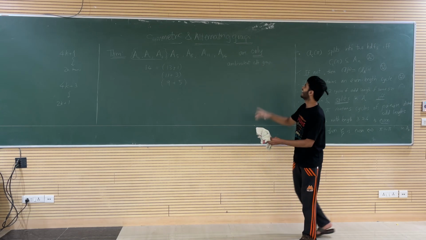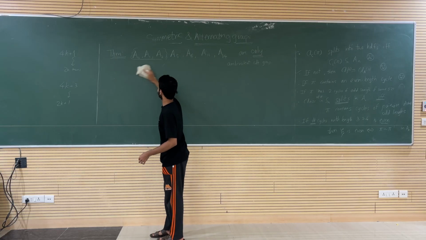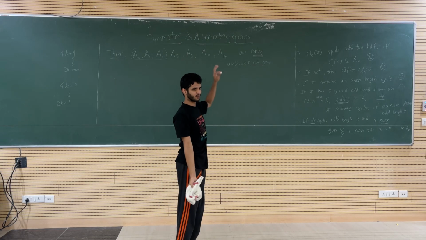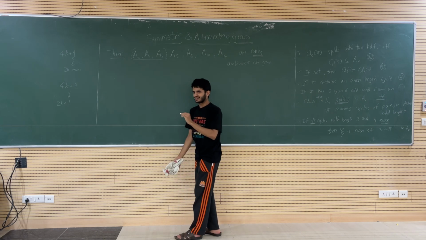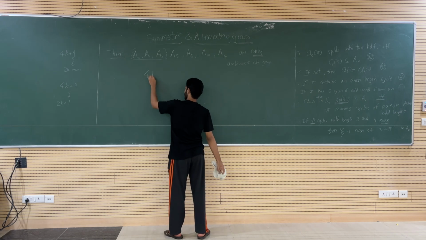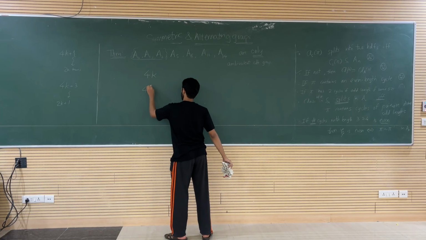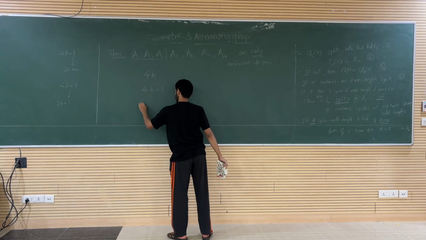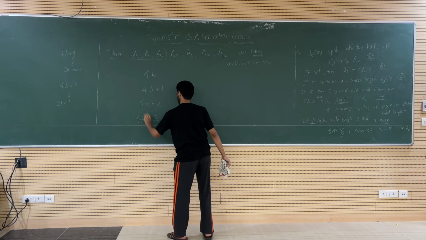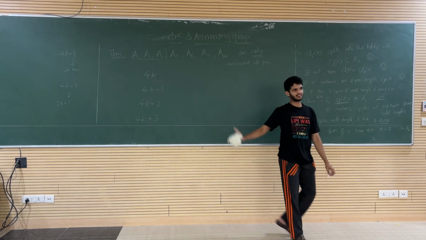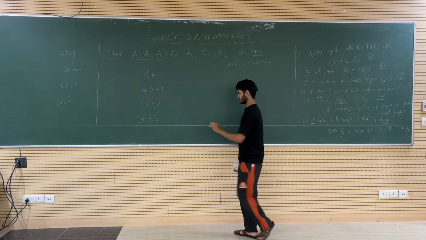Why are these the only partitions? Now you will see a pattern with these numbers. Very bad pattern. Take any n. Every number can be of only 4 forms, right? Is there any other way for k belonging to natural numbers? This is the only way, right?